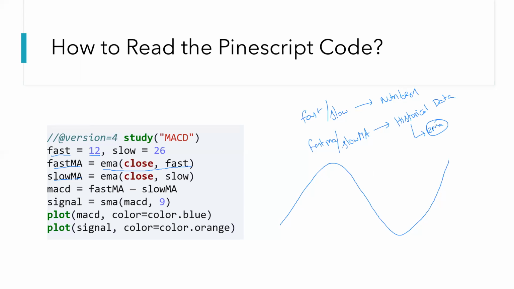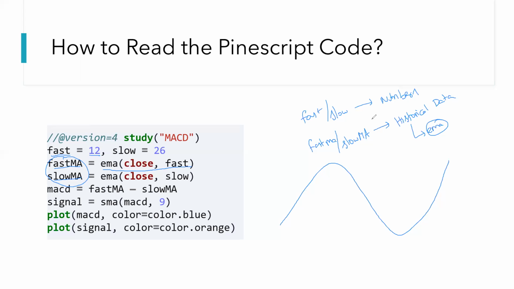Let's say you are in an hourly chart. For the hourly chart, the calculation will be done. If you move to daily, automatically the calculation will be recalculated for the daily time frame. So whichever time frame you are in, for that particular data the EMA will be calculated. The entire historical data set will be stored under these two variables, fast MA and slow MA.